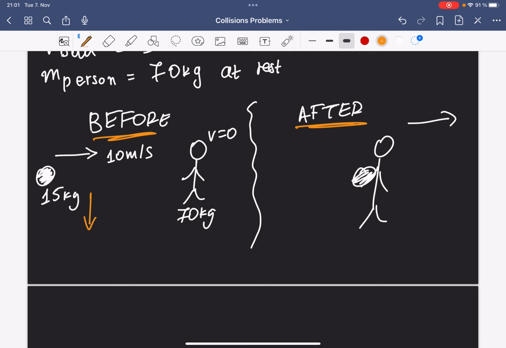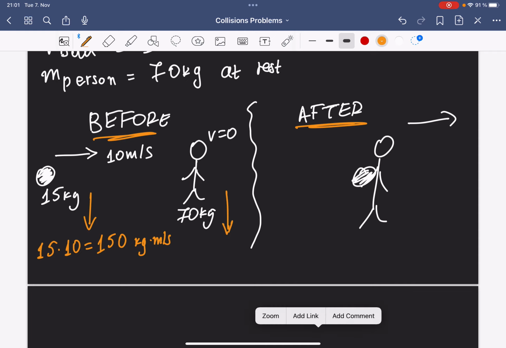The ball will have a momentum of 15 times 10, mass times velocity, and that's going to be 150 kilogram meters per second. On the other hand, the person, because they are stationary, will have a momentum of 0.